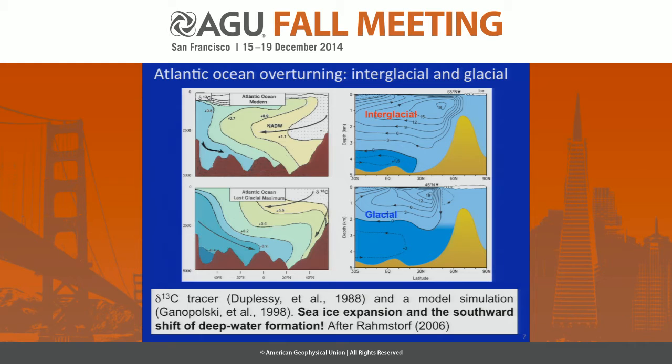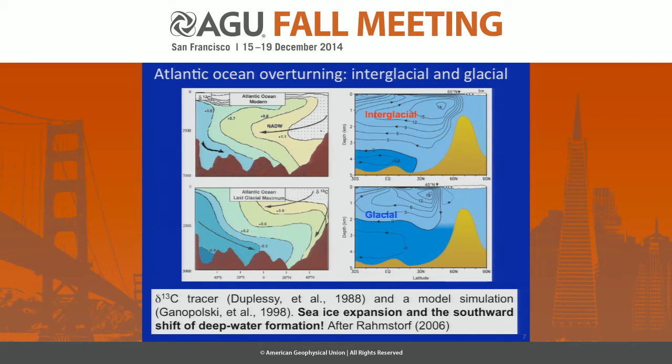And you can see, for instance, in this schematic picture from an intermediate model, this shift of AMOC during the glacial interval. We don't know exactly how much this shift was, at 10 degrees, 15, 20 degrees, but there is a clear shift like this of deep water formation.